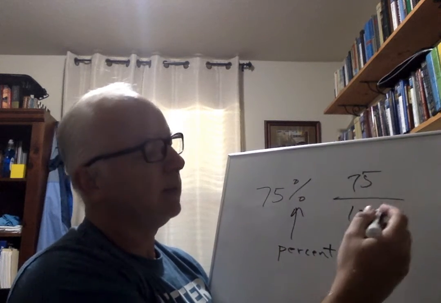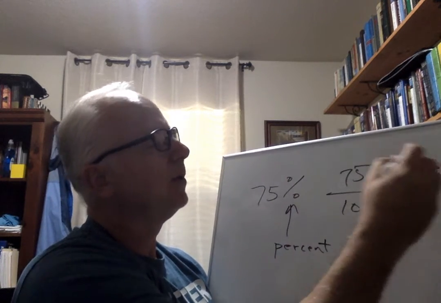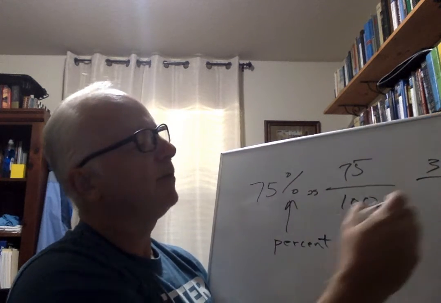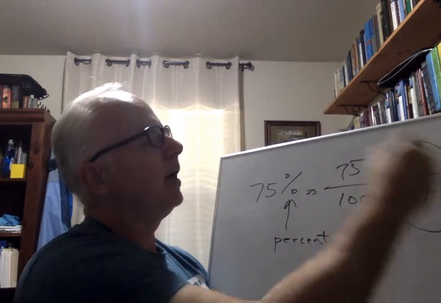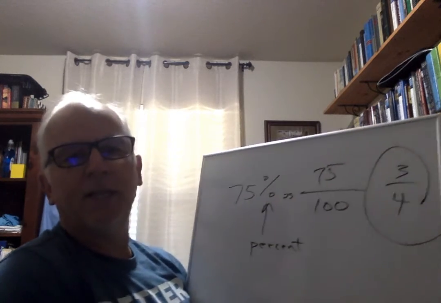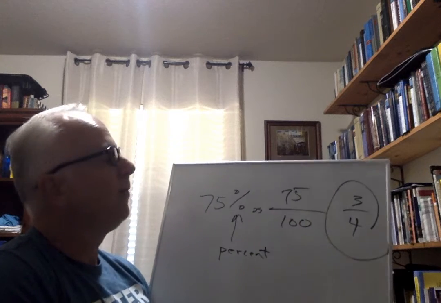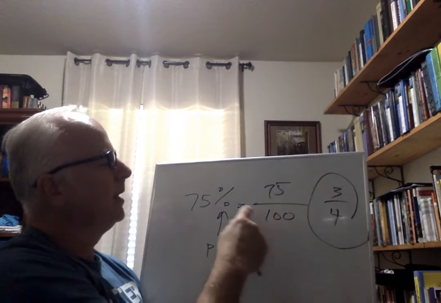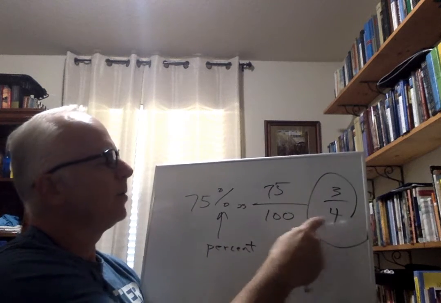Of course, 25 is that number. So 25 goes into 75 three times, and it goes into 100 four times. So 75% is 3/4, because 25 goes into 75 three times, and 25 goes into 100 four times.